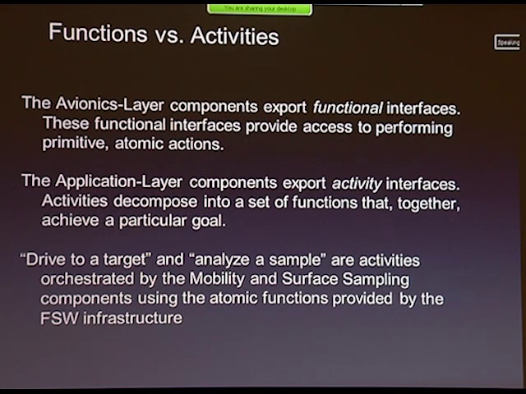So our activities become drive to a target, analyze a sample, and these are orchestrated by the mobility and surface sampling components using these atomic functions provided by the flight software infrastructure. So that was a very powerful concept in the MSL flight software: the architecture. The ability to componentize the architecture and layer those components in such a way that we could separate functional interfaces from activity interfaces, all right?